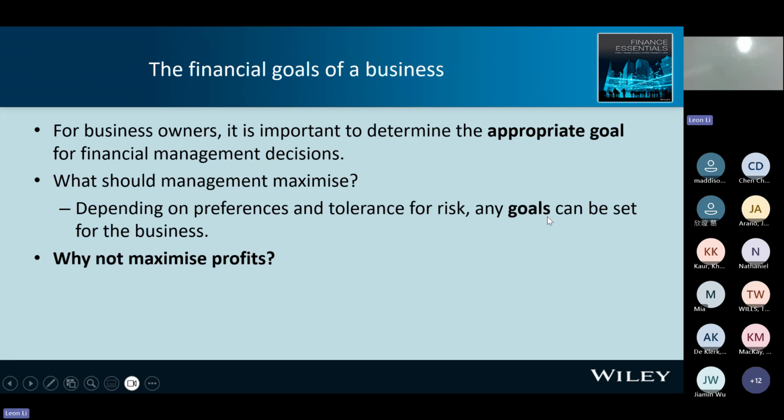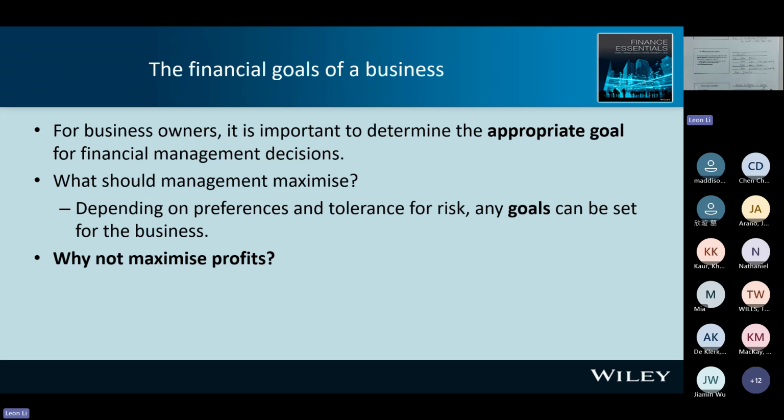Although we focus on stock price, I know in management you have many goals. Here I give you some examples: profit, cost, market share, or reputation. But these goals might have some problems. So in finance, our goal is simple: the stock price or share price of the company.